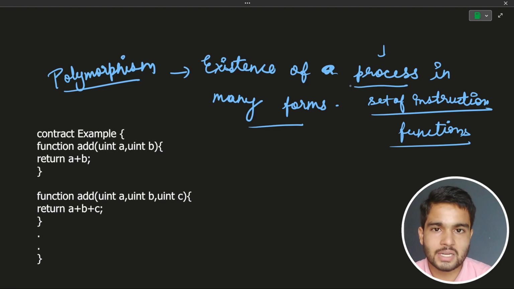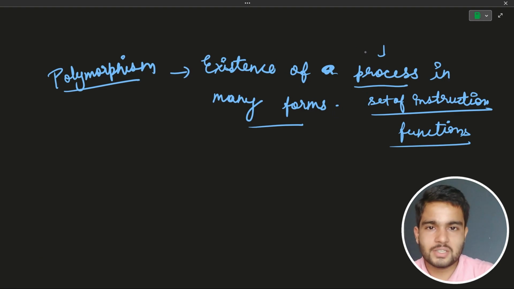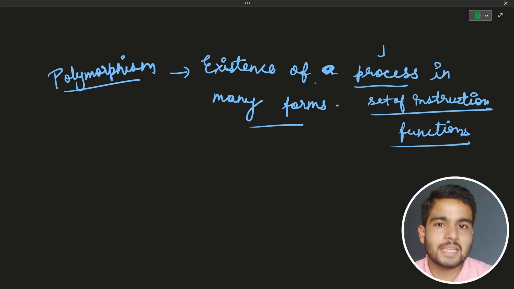The name of the function is the same, but that function is created multiple times. The name is the same, but the number of parameters is different. So in this example, the function add exists in many forms within a contract. If a function exists multiple times, that is considered polymorphism.